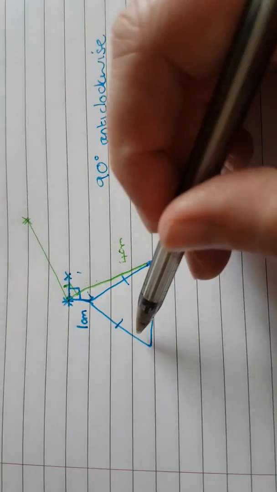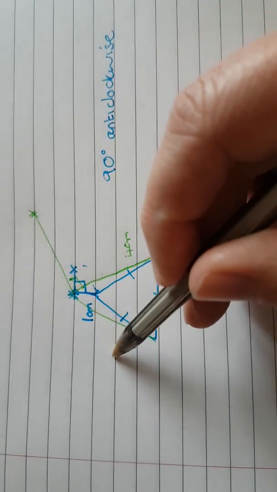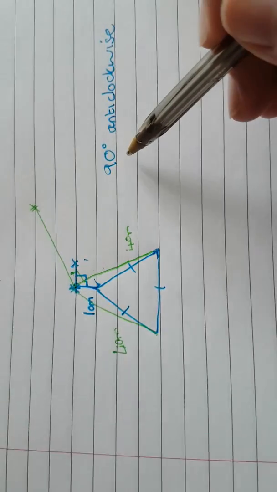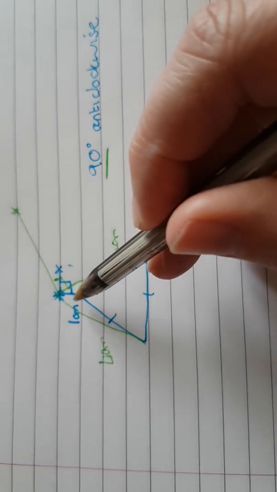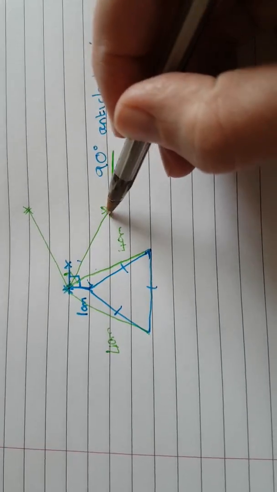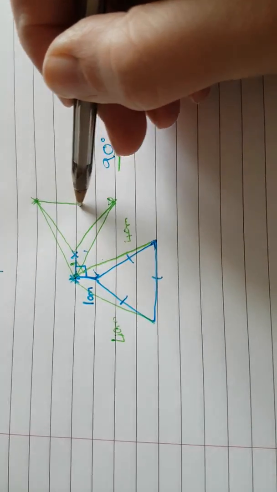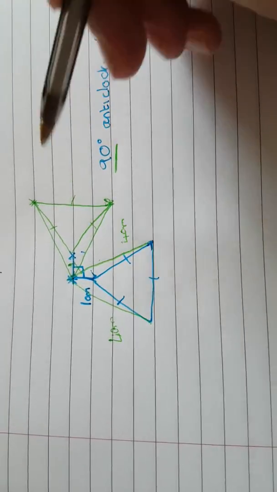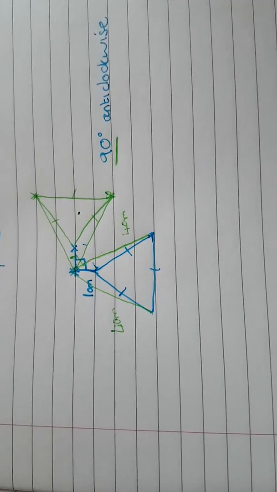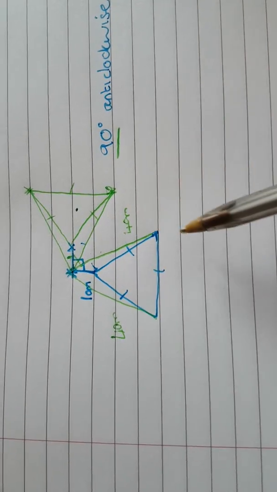And then you'll do exactly the same with your final corner, drawing a straight line, measuring its length, measuring the angle of rotation that you need, which is 90 degrees, and this will tell you where your third and final corner is. Then it's a case of joining these points together, and it will be the same size shape. The actual shape will not have changed. All you'll have done is turned it around, rotated it about this point.